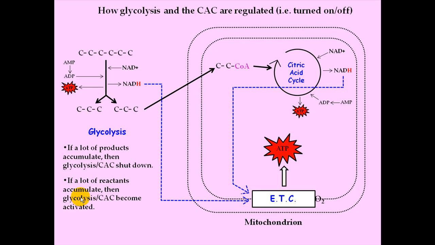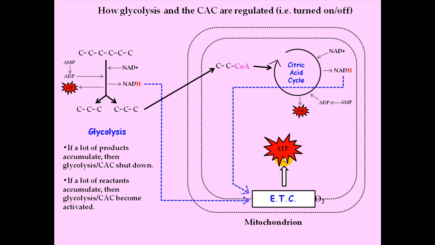And so what we're saying here is that if the cell finds itself with a lot of ADPs sitting around, or a lot of NADs sitting around, that's a good time to turn on or speed up this whole process. And here's why that makes sense. If you have a whole bunch of ADPs sitting around, that's an indicator that the cell has used up a lot of ATP, right?